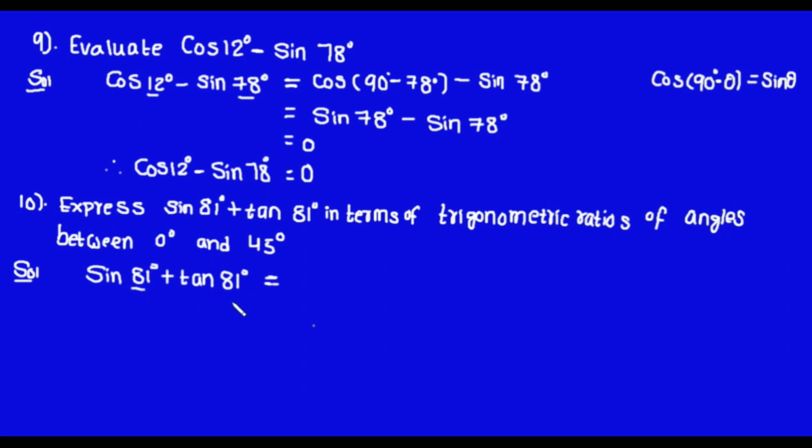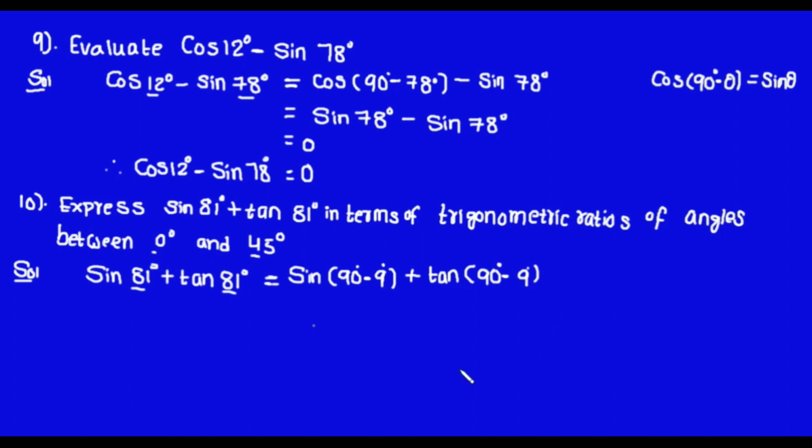In the given problem, the given angle is 81 degrees. Here we have to convert this angle to one between 0 degrees and 45 degrees. Here 81 degrees can be written as 90 minus 9. So sine of 81 degrees can be written as sine of 90 minus 9 degrees, plus, in the same way, tan 81 degrees can be written as tan of 90 minus 9 degrees.